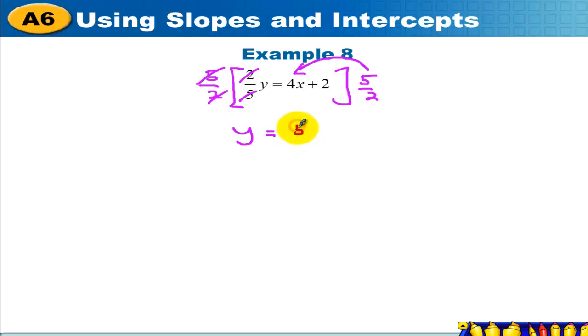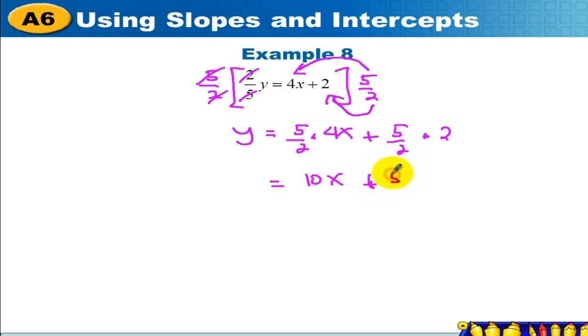So I will have here 5 over 2 times 4x and then 5 over 2 times 2. Now 5 times 4 is 20 divided by 2 is equal to 10x. 5 over 2 times 2, we can say 10 divided by 2, which is equal to positive 5.